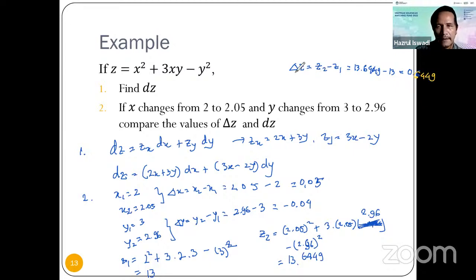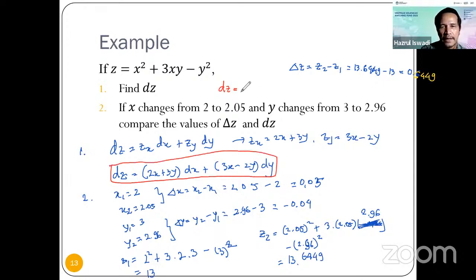This is delta z, and we will compare the value of delta z with dz. dz is, as we know from the first sample, 2 times 2, since x is 2, plus 3 times 3, multiplied by dx. dx is the same as delta x, and dy is equal to delta y.